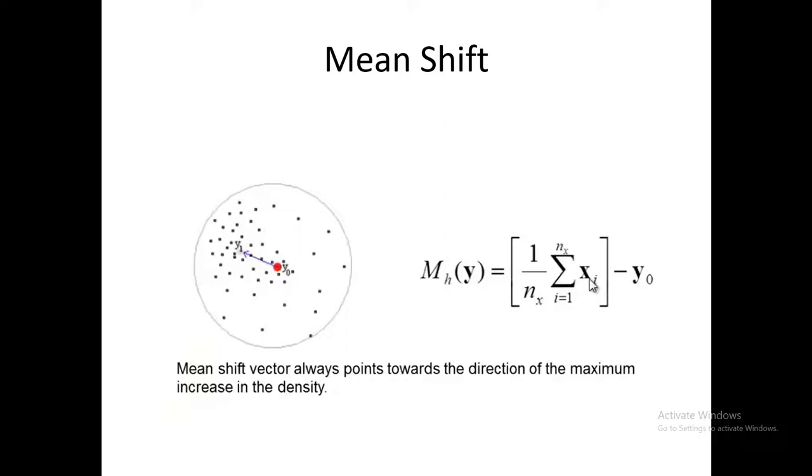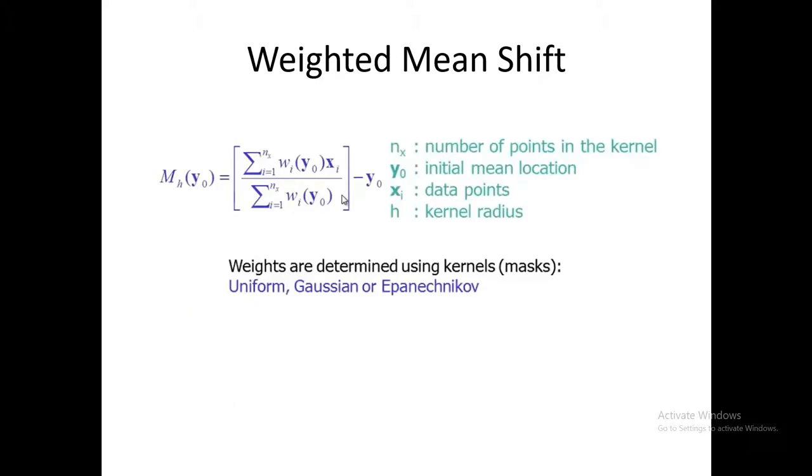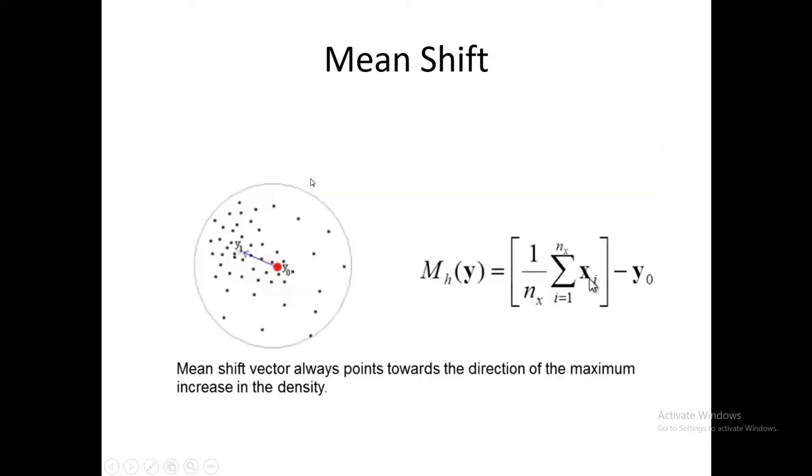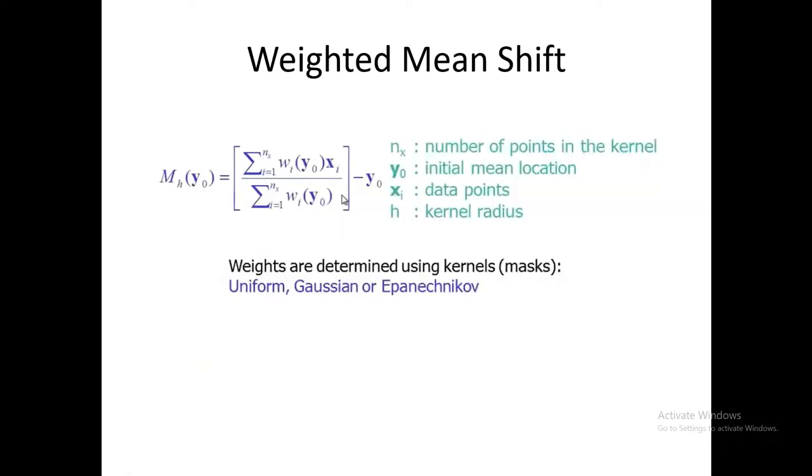A better way to do this is to assign weights to each point. That is, each xi can be assigned some weight wi, and this wi may depend on the distance from the initial location y0 to the point.